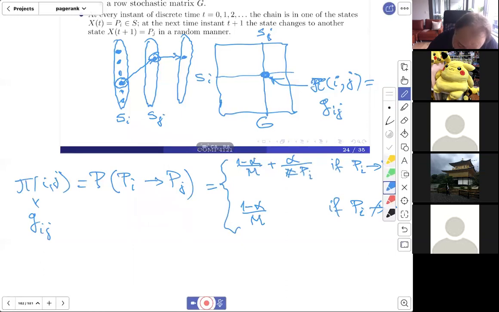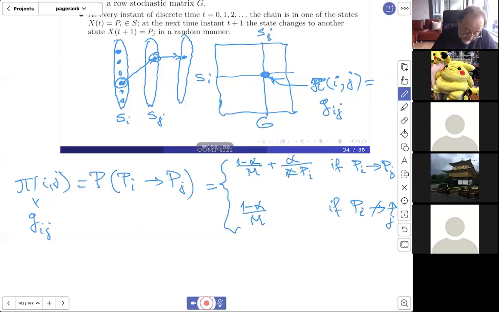Because the only way to get from pi to pj, if pi doesn't point to pj, is by a random jump. The probability of a random jump is 1 minus alpha, and there are many web pages, so the probability to end up exactly at pj is (1 minus alpha) divided by m.